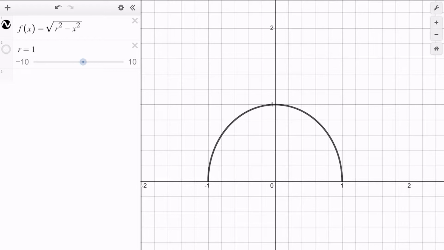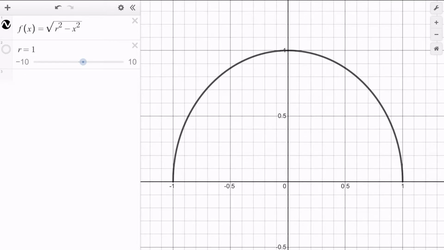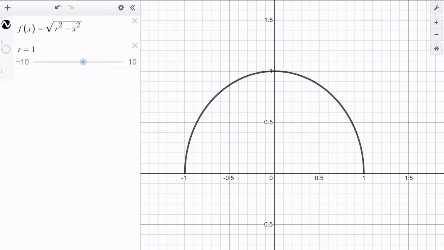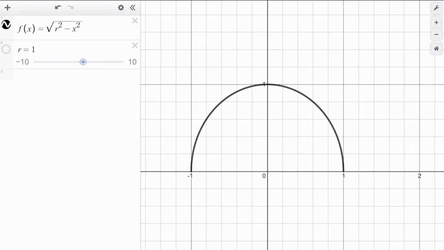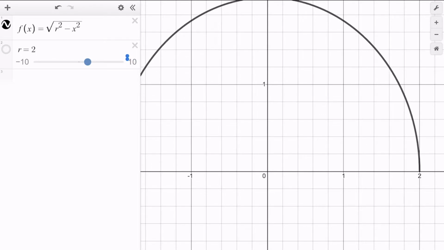And if you look at that and then compare it to the circle, you'll notice that when r is 1, the radius of this semicircle is 1 as well. But look at this. If I start changing the value of r, let me shift r to bigger numbers. Let's go to, let's say, the value of 2.